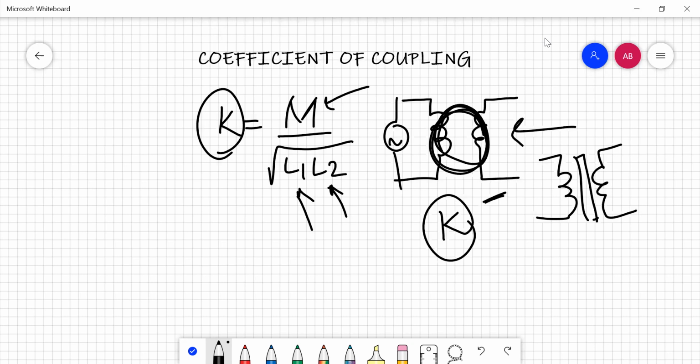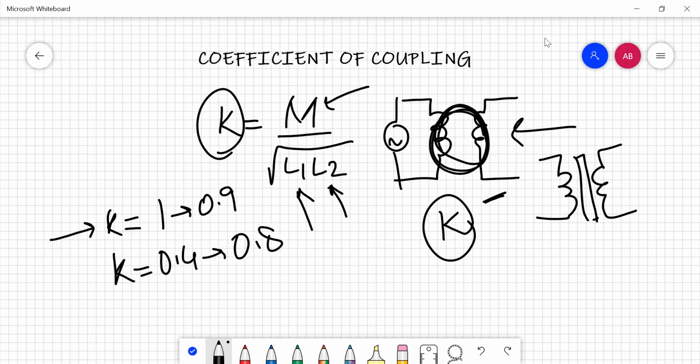The maximum value of K can be 1 for the best coupling between any two coils, but in the case of an iron core, the maximum value that can be attained is about 0.9. And when we talk about air coupling between two coils, the value varies from 0.4 to 0.8. So let's solve a numerical based on our coefficient of coupling.